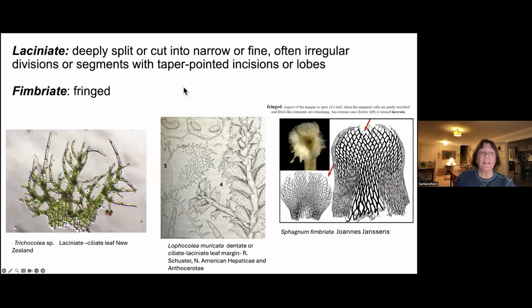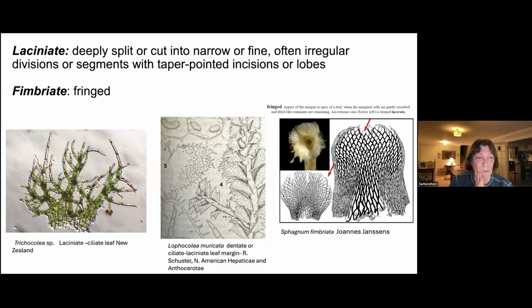And then you get really fancy, you get into divisions that are toothed and often then deeply cut. So laciniate is deeply split or cut into narrow or fine irregular divisions with tapered, pointed incisions or lobes. And this describes the genus Trichocolea, which is a worldwide genus. It doesn't occur out in the West, but it does occur on the East Coast.